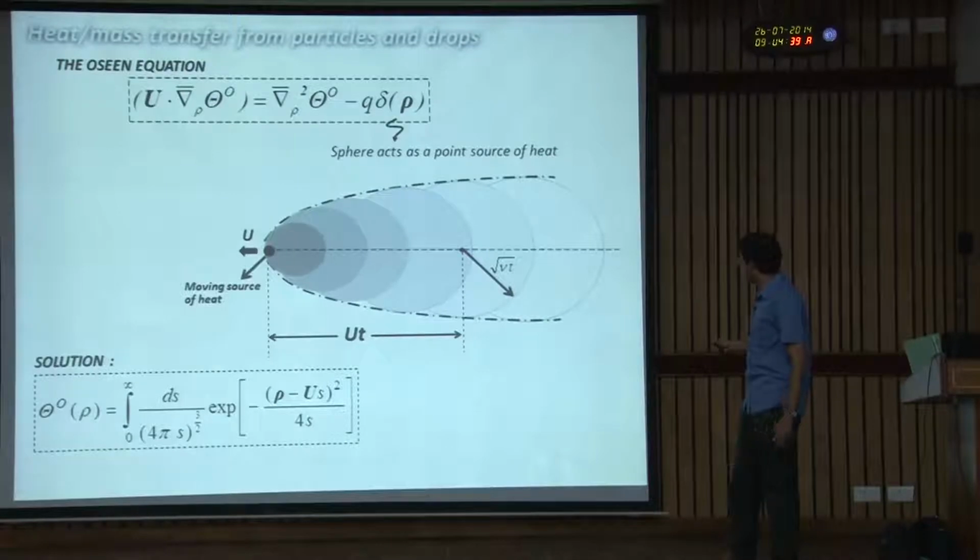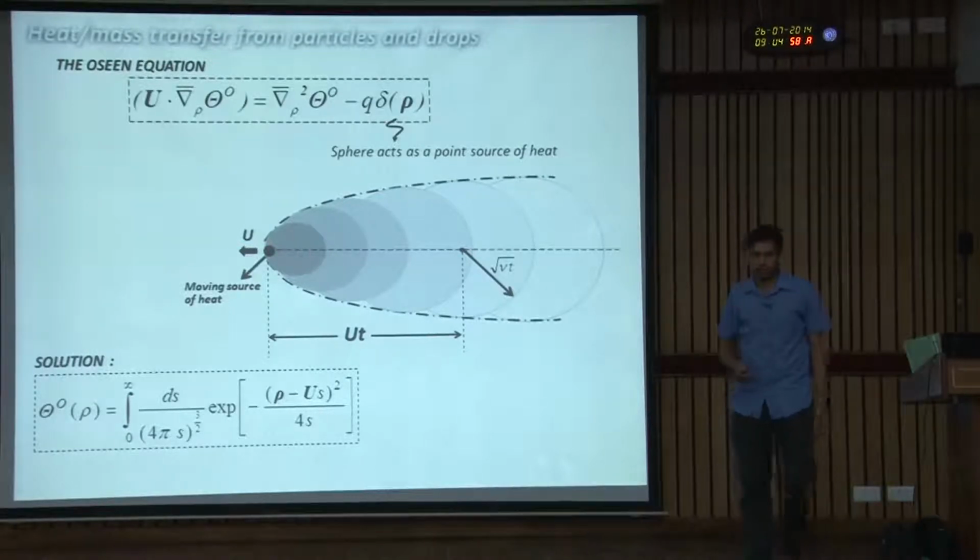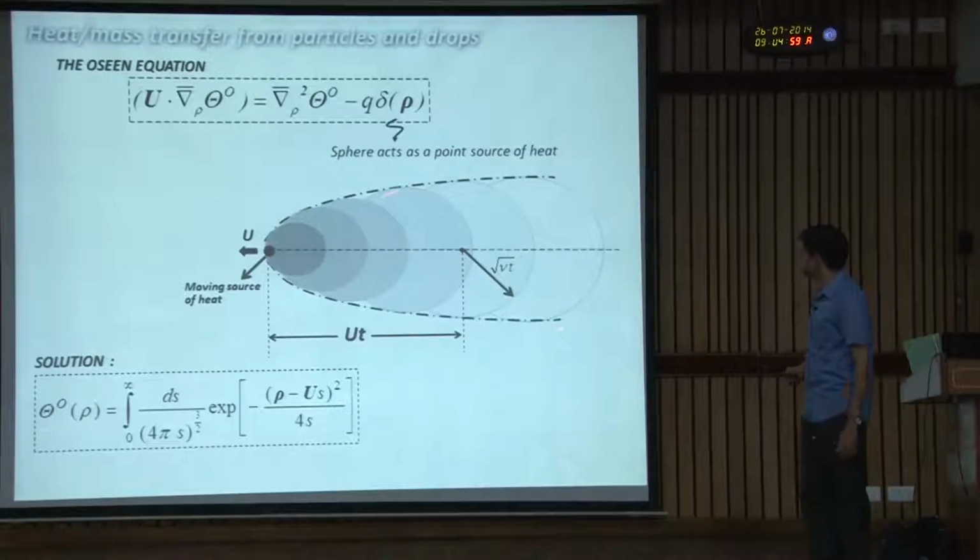And then you can draw an envelope around these expanding spheres, and that is a parabola. It is a parabola because the rate of diffusion, which is the radius of that sphere, increases only like the square root of t, but the convective distance obviously increases proportional to t.